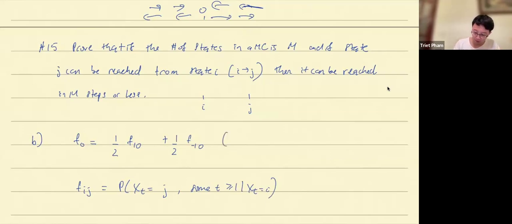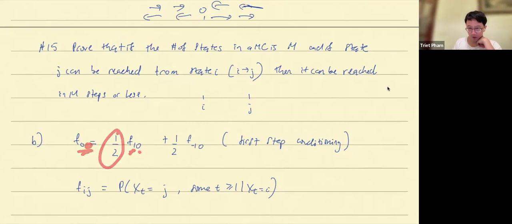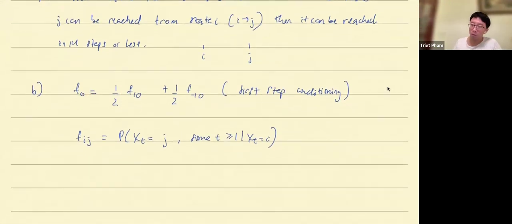So this is the first step analysis, first step conditioning, conditioning on the first step. Okay, so far. So to return to 0, which is F00, you either move to state 1 and then return to state 0, or move to state -1 and return to state 0. Okay?